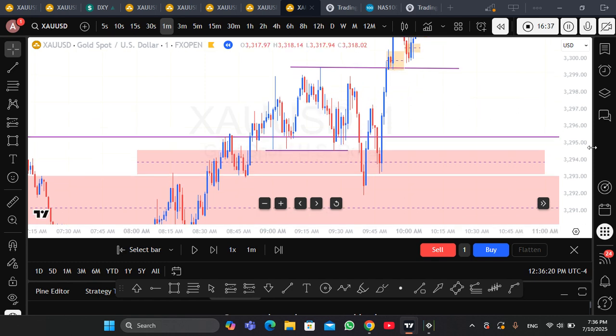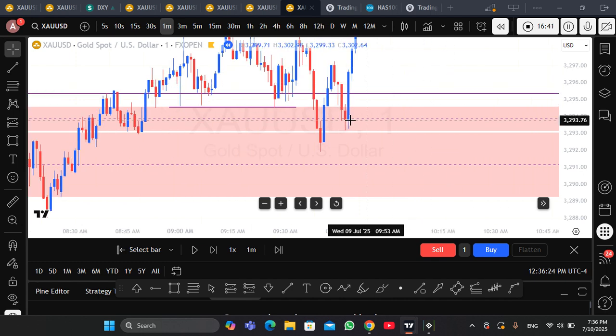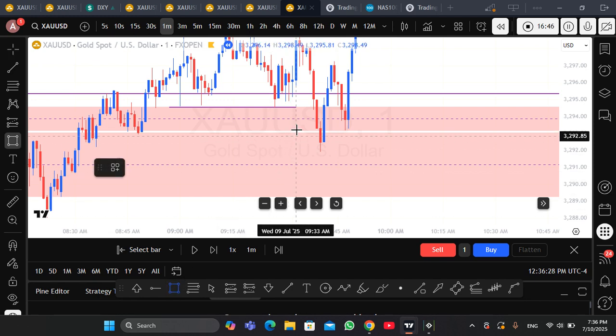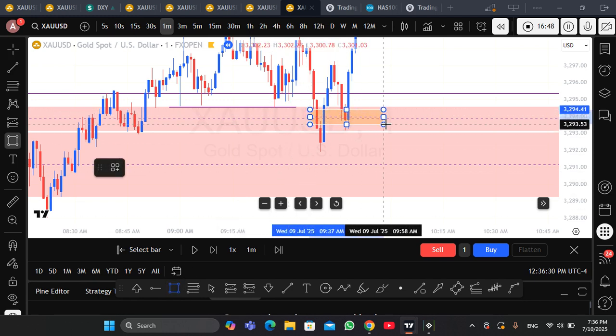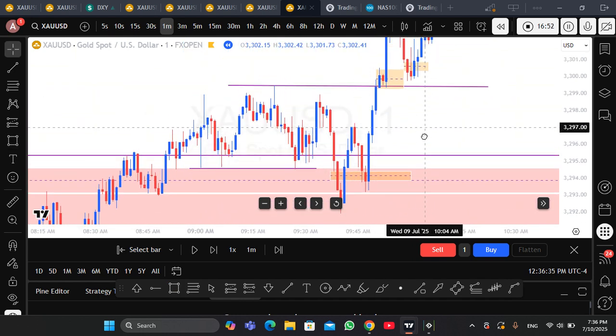You can see how this is an inverted fair value gap, this is an inverted fair value gap, another inverted fair value gap. This inverted fair value gap, how it pushes the price upward.